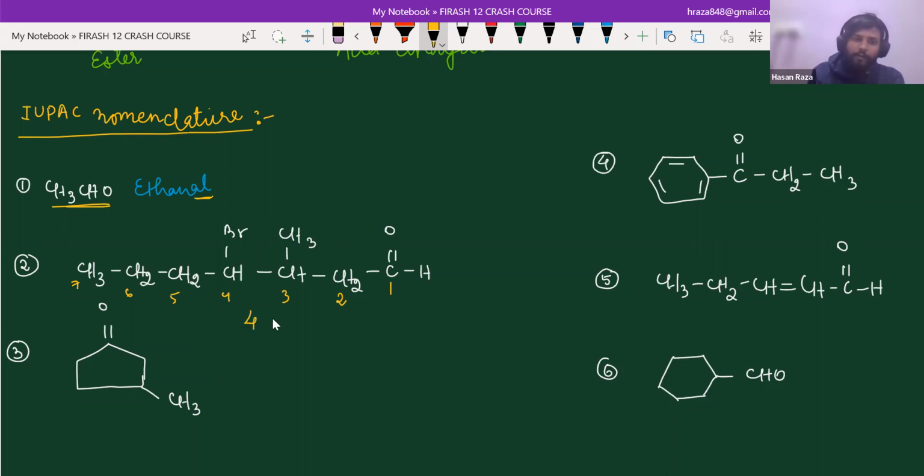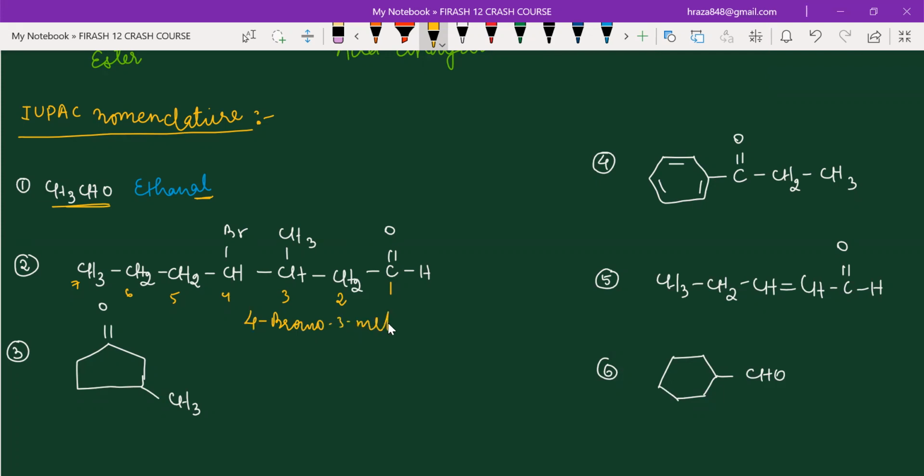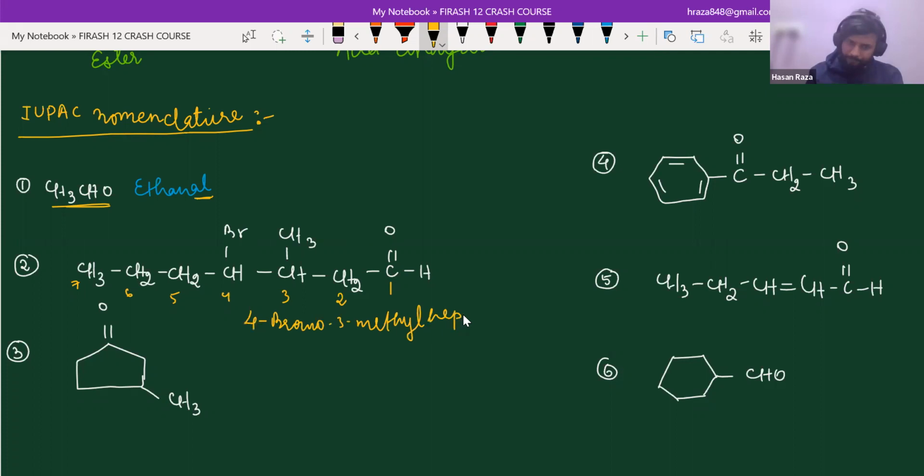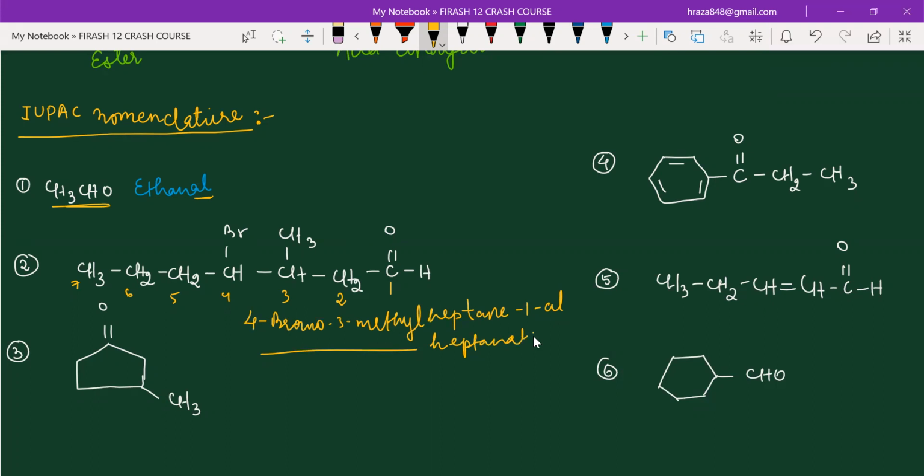So it will be 4-bromo, 3-methyl, 3-methyl, and then comes 7, that is hept, and all are singly bonded, heptane, 1-al. Up to this it will be the same heptane that you have just said. Got it? Okay, what about the third one?